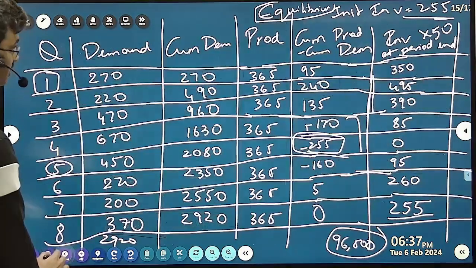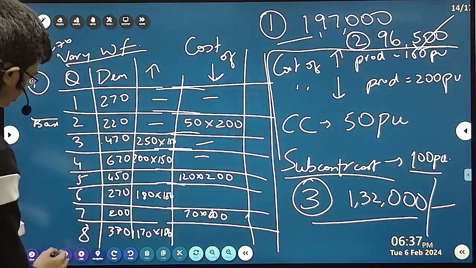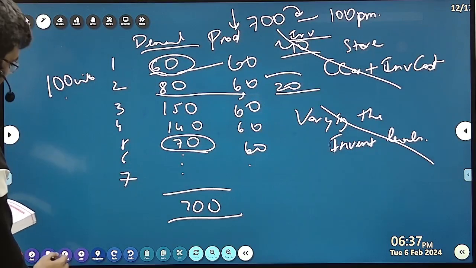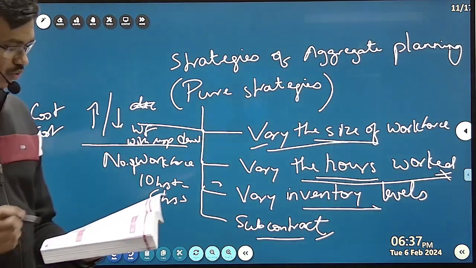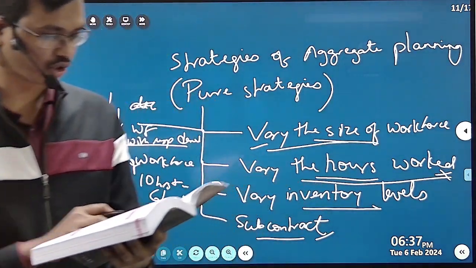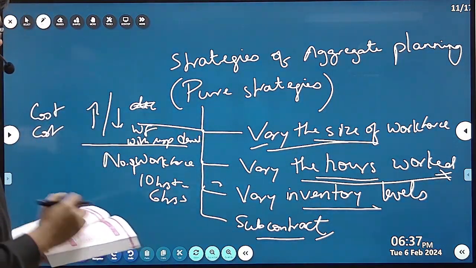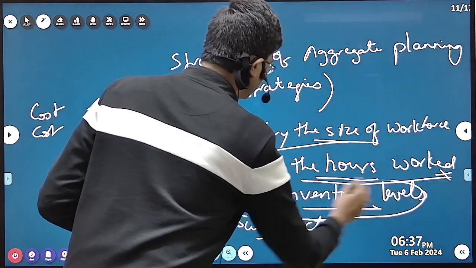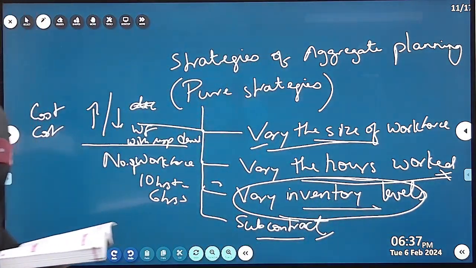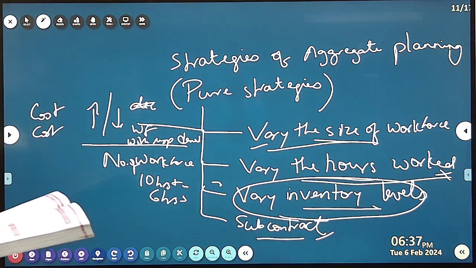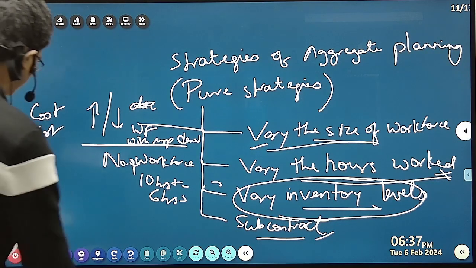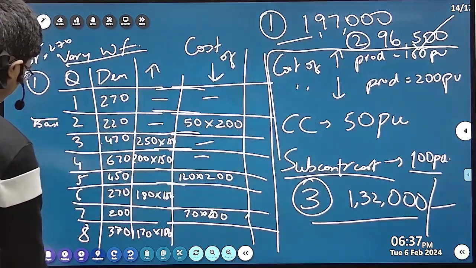So you will have to adjust your production and inventory balance in such a way that you meet your demand. So you will have to adjust to demand by varying your inventory level. It is the same problem, we will solve it.